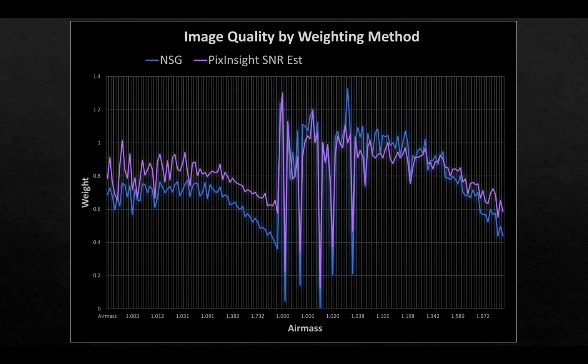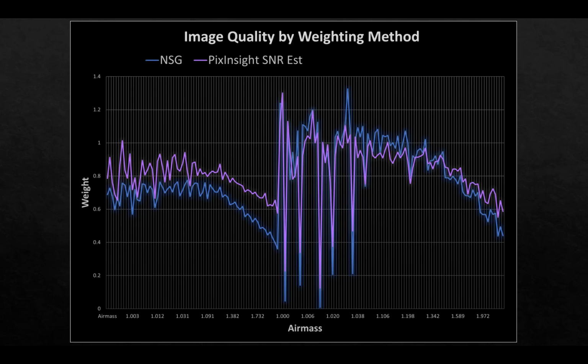Now, I described earlier the problematic measure, the dispersion method, the SNR estimate method. But if you look at this response compared to NSG, and I'm showing NSG here just because historically it was first, I'll get to PSF scale SNR in just a moment.